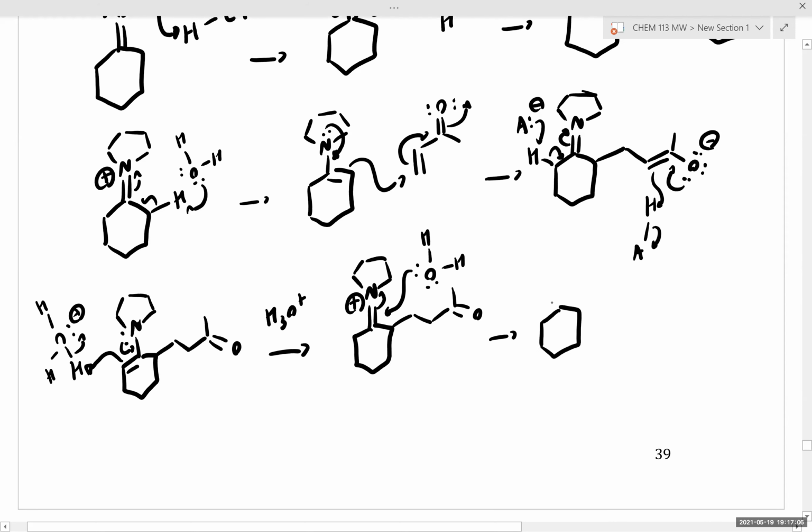We form a tetrahedral intermediate. And of course, just like before, if we're trying to hydrolyze this enamine, we are going to have to protonate our nitrogen atom and deprotonate our oxygen atom.